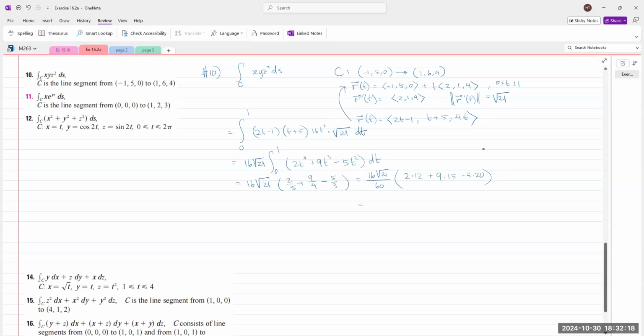Reduced by 4, that will be 4 square root of 21 over 15, but this will be 24 plus 135 minus 100, that's 59. So 59 times 4 is 236 square root of 21 over 15. That's for number 10.